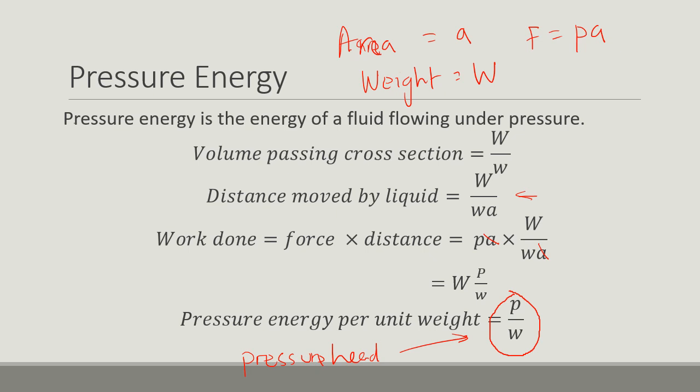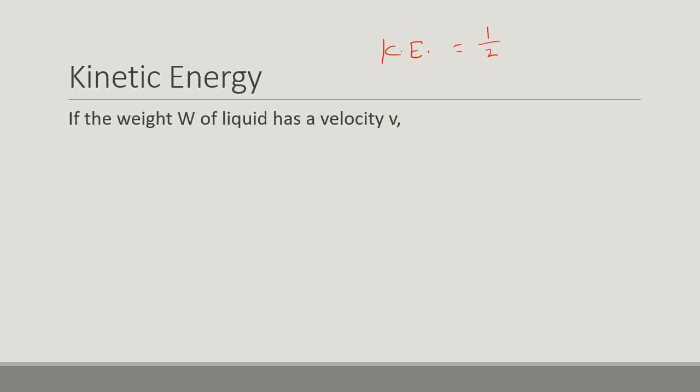Now, on to kinetic energy. If the weight W of liquid has a velocity v, then we know that kinetic energy, if you remember from physics, is given by the equation 1 over 2 mv square.